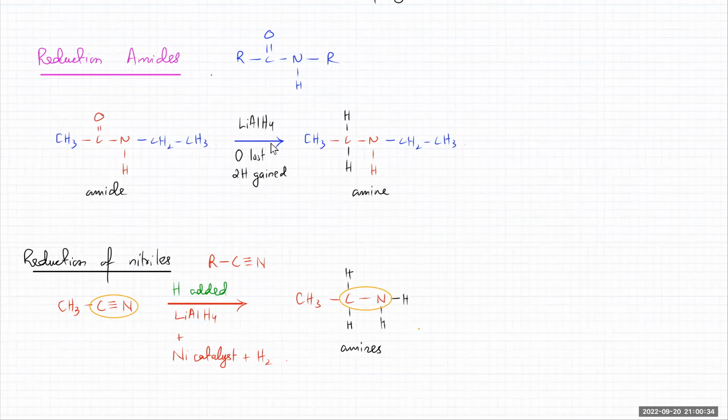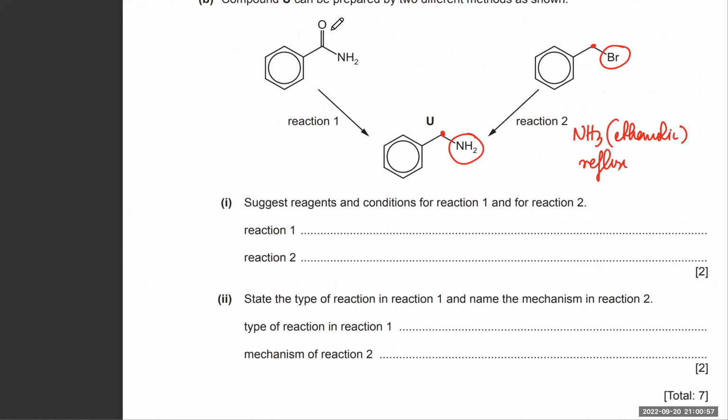If you add LiAlH4, the amide will get reduced, the C double bond O will vanish. The oxygen will be removed and hydrogens will get added to it. So the carbon now has hydrogen attached to it, previously it had oxygen attached to it. So it's going to be LiAlH4 for this reaction, and that is reduction. Is that clear?